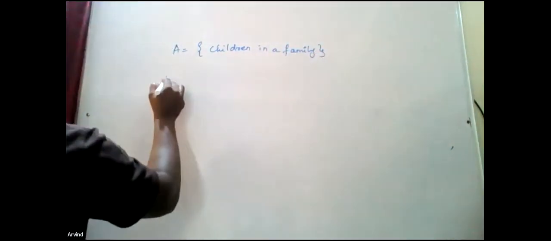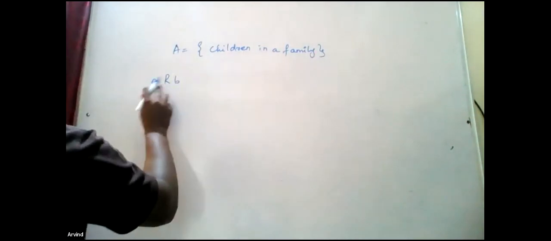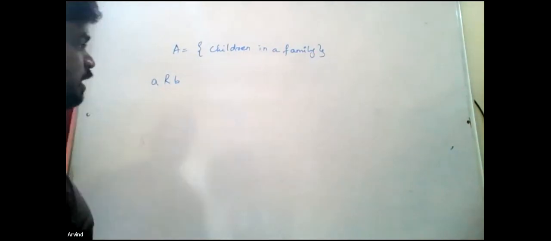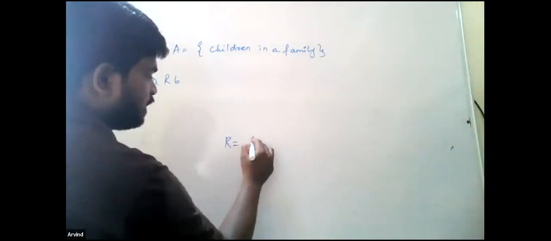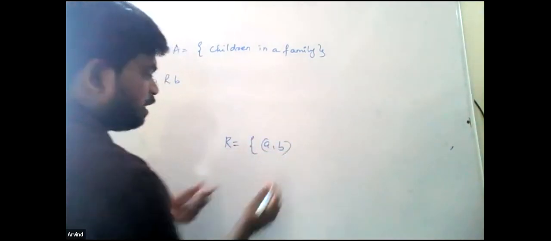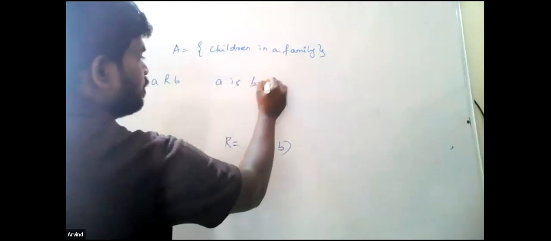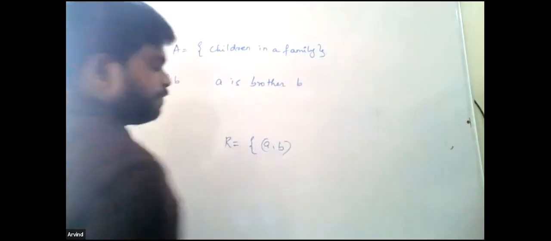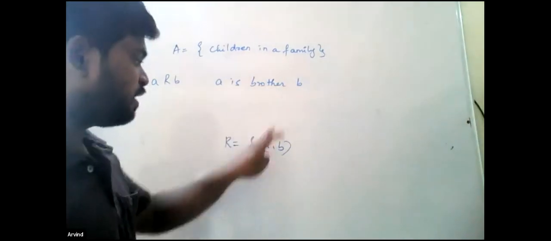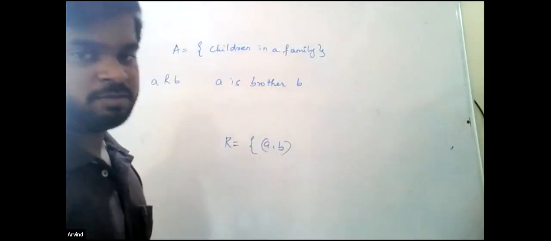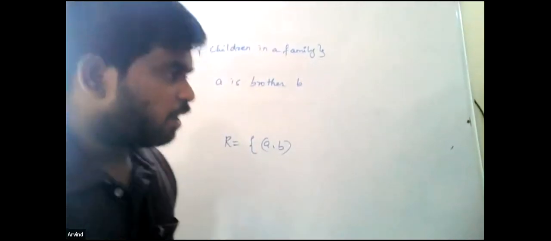Children in a family. Okay. Relation, you know, A is related to B. A is related to B means (a, b) should come in R, and this condition should be satisfied. Which one? A is brother of B. Only if this condition is satisfied will (a, b) come in R. That's all.